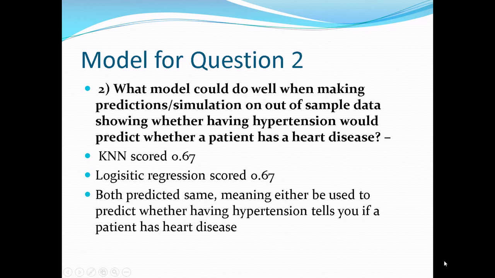In this model, we try to find the answer for question 2, whether having hypertension would predict whether a patient has heart disease. KNN scored 0.67 and so did the logistic regression. So in this case we can use either model to tell whether a patient with hypertension has heart disease.